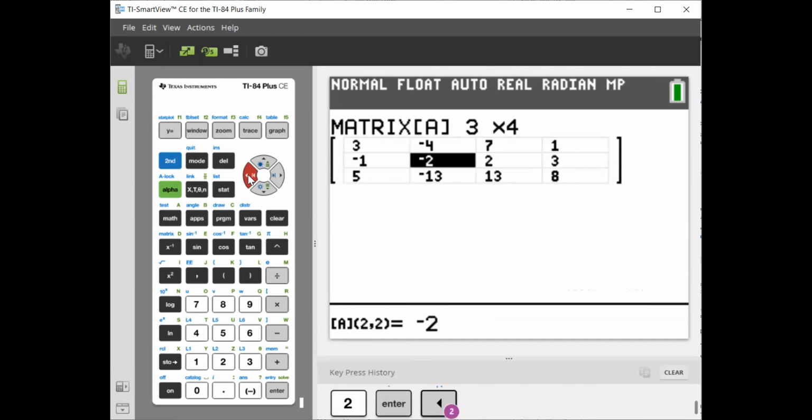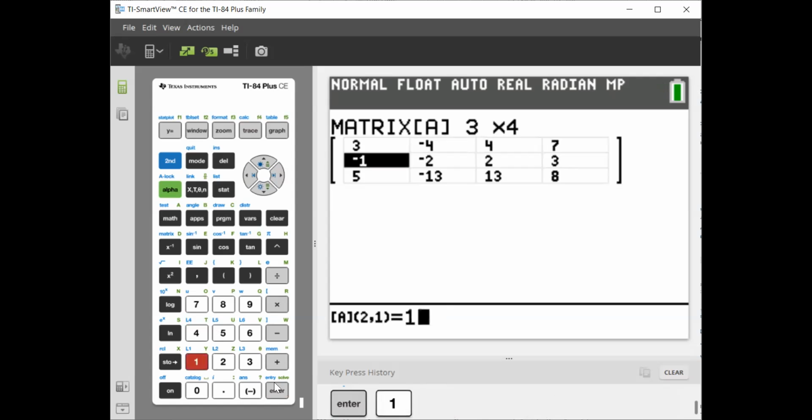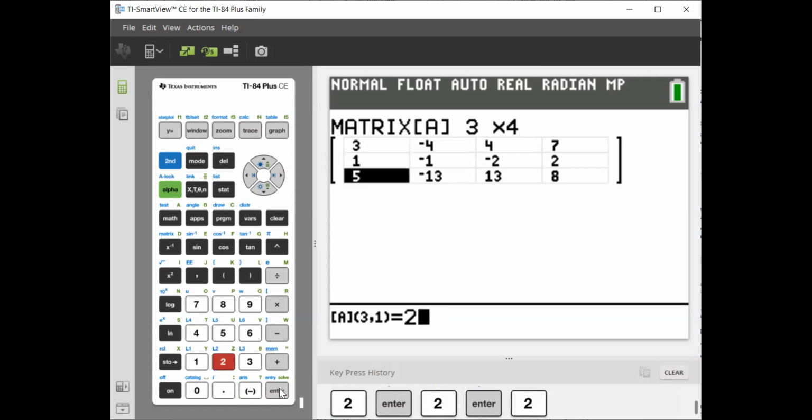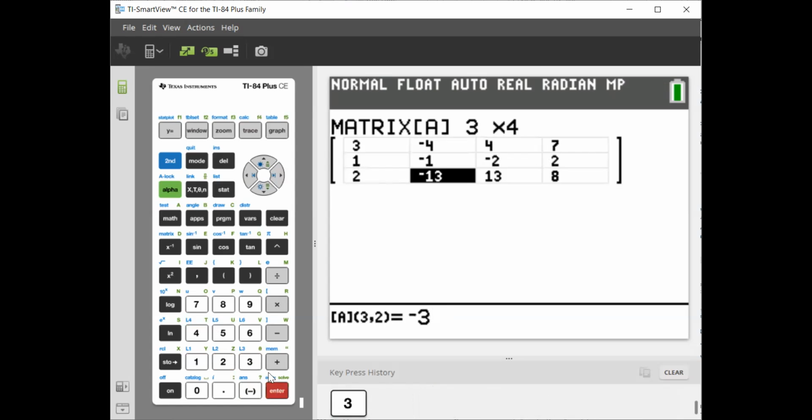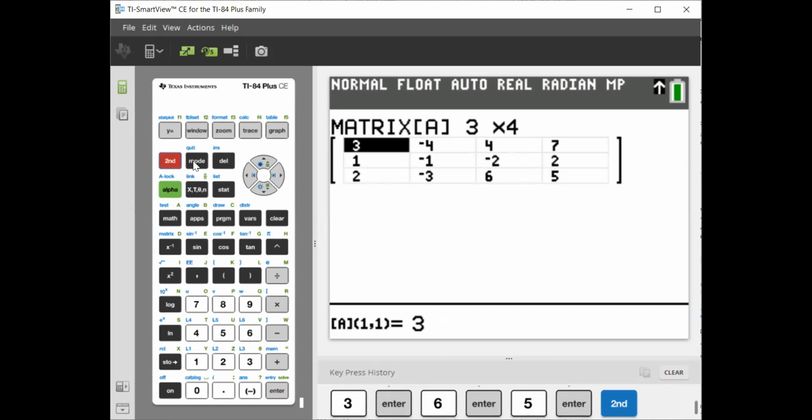Okay, 3, -4, 4, 7, 1, -1, -2, 2, 2, -3, 6, and 5. Okay, always double check that it's entered correctly, and it is, so quit out.